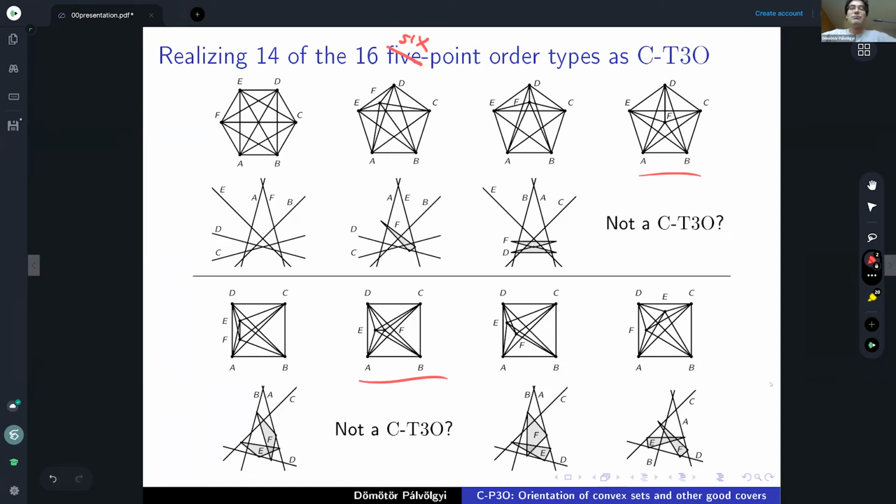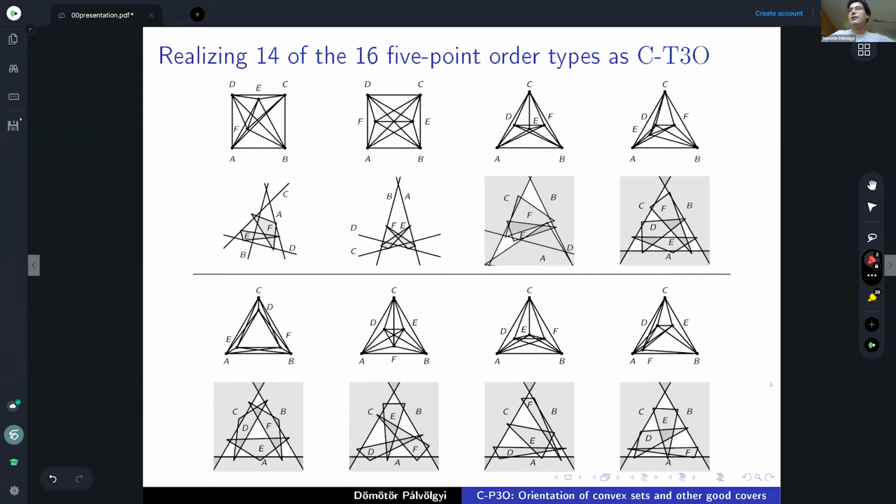We conjecture that most likely they are not realizable as convex sets, but we are not sure. And the reason why we are not sure is that for a long time, we even had a proof that this is not realizable as convex sets, and then we did manage to find the realization. If you look at it, this realization is trickier than the other ones.